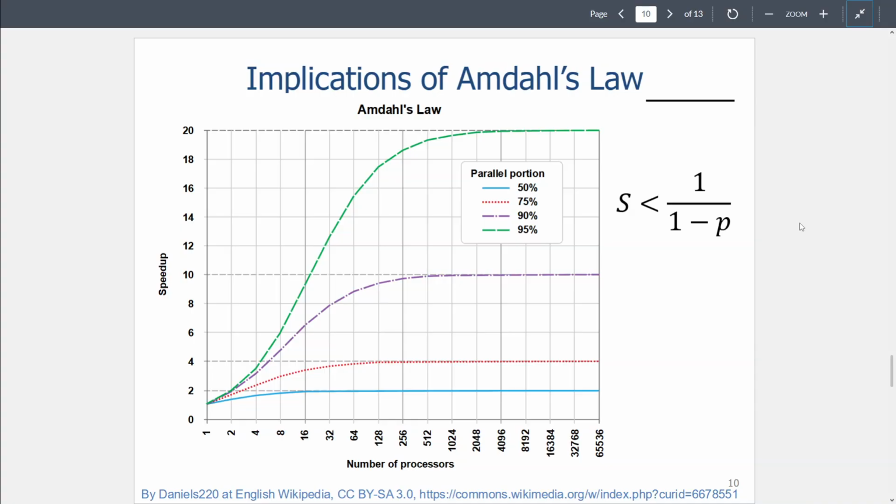Now, we can analyze this for other sequential fractions as well, but notice that even if 95% of our program is parallelizable, meaning that only 5% of it is sequential, the maximum speedup that I'm ever going to get is 20. The absolute maximum speedup is 20.